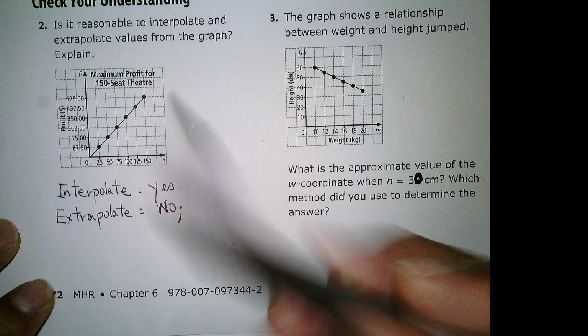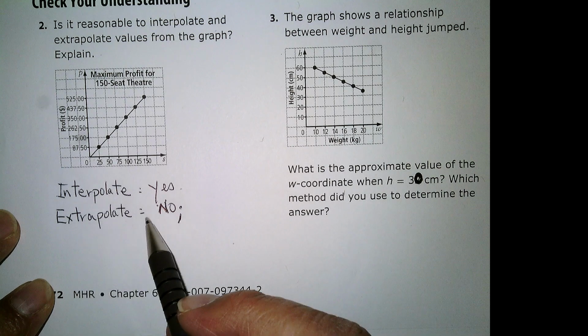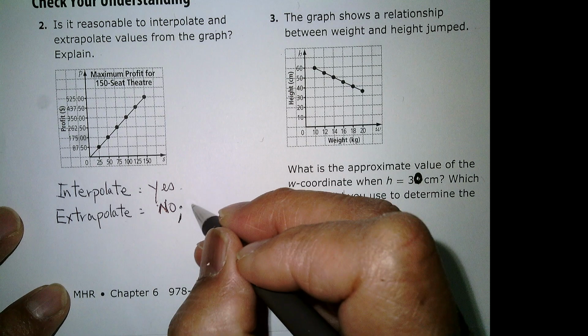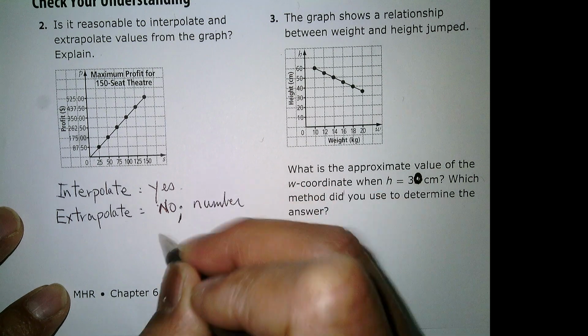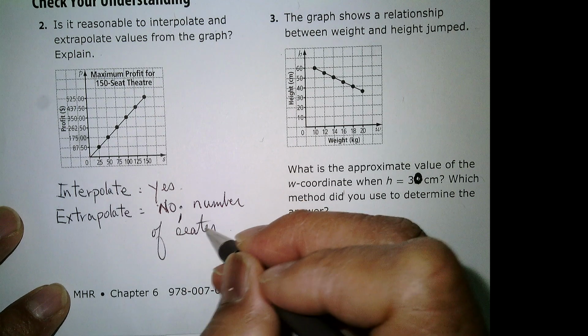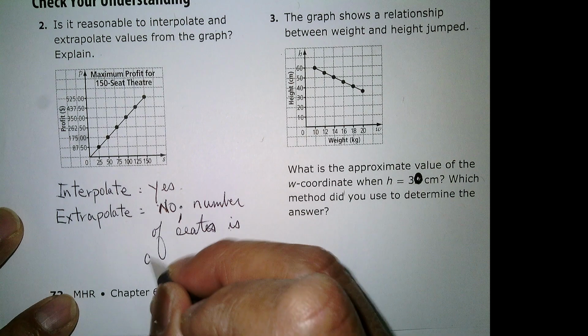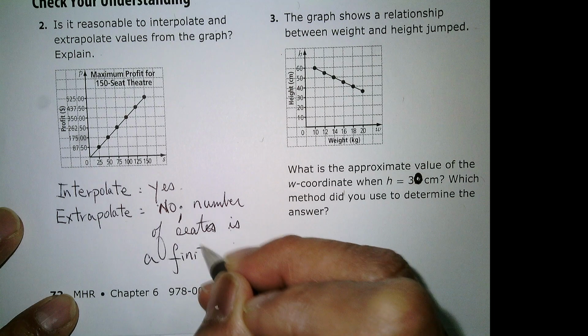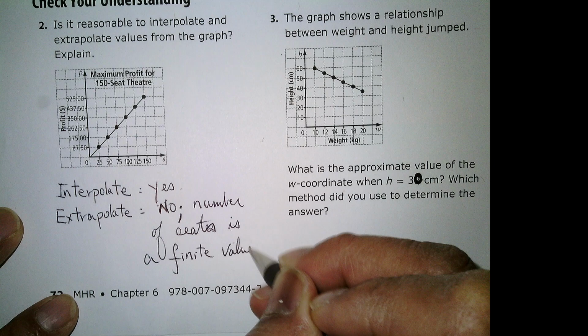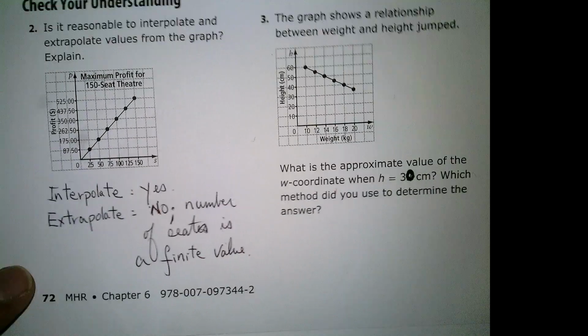The reason we cannot extrapolate or make a reasonable prediction is that the number of seats is a finite value. It's a set value, a final value. Now, let's look at number 3.